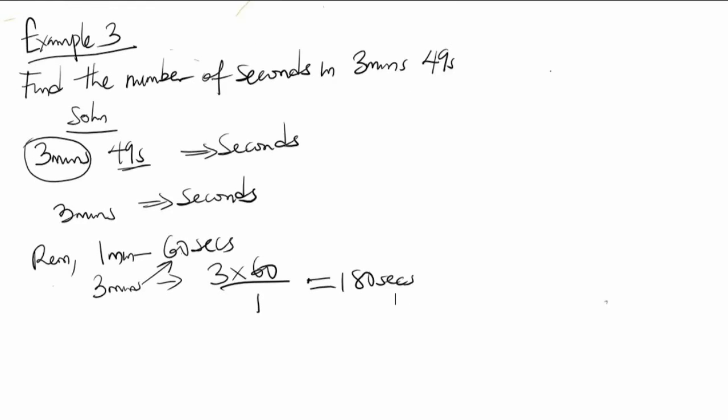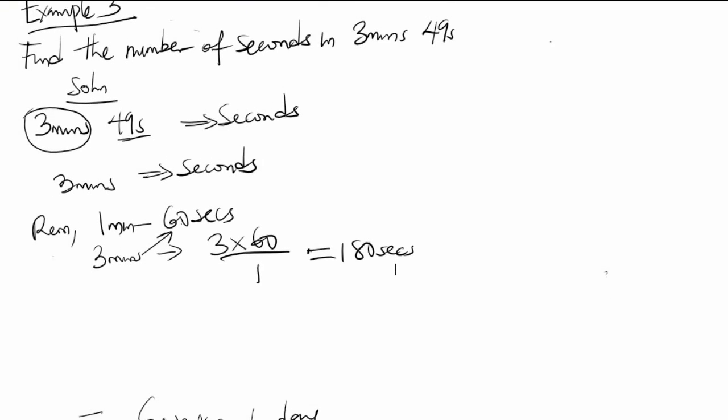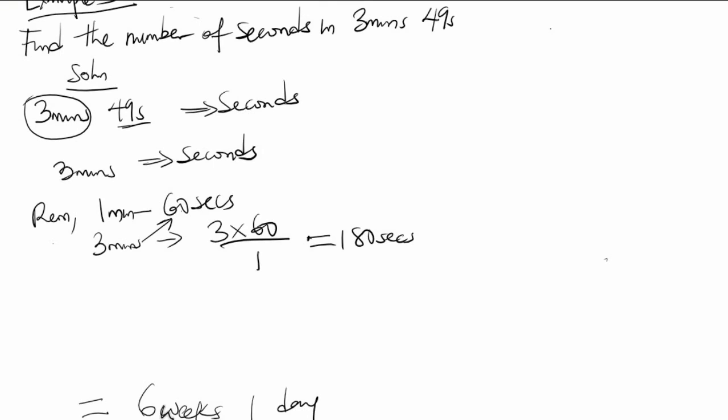But don't forget, what you are trying to convert is 3 minutes 49 seconds. We have been able to convert 3 minutes. Therefore, 3 minutes 49 seconds will be 180 plus 49, because 3 minutes is 180 seconds.